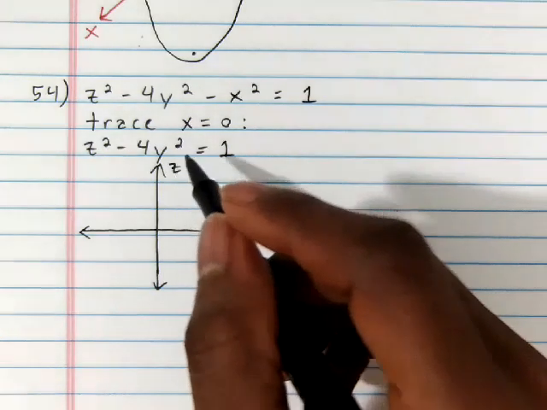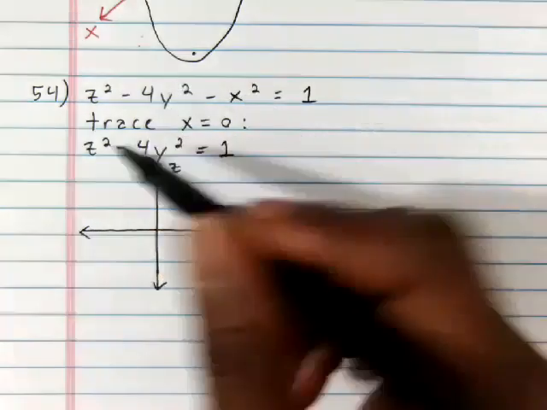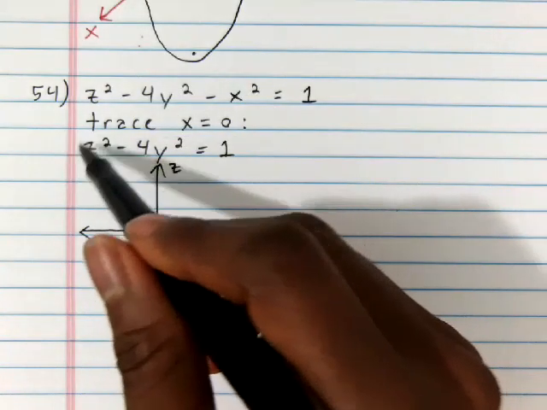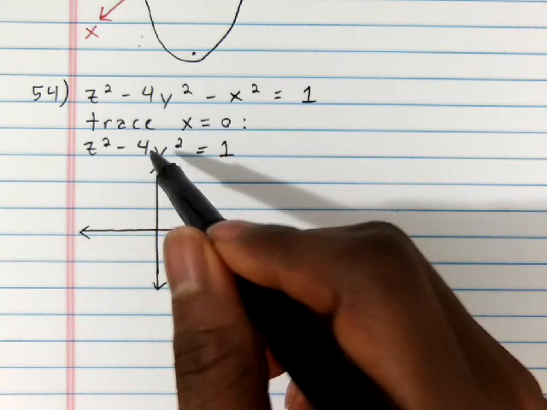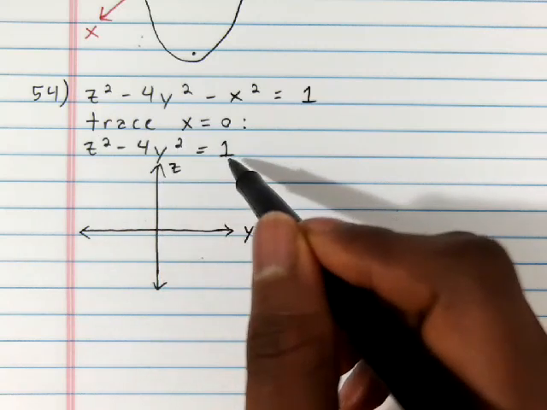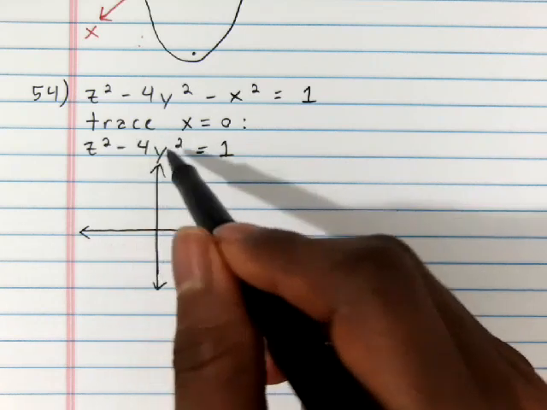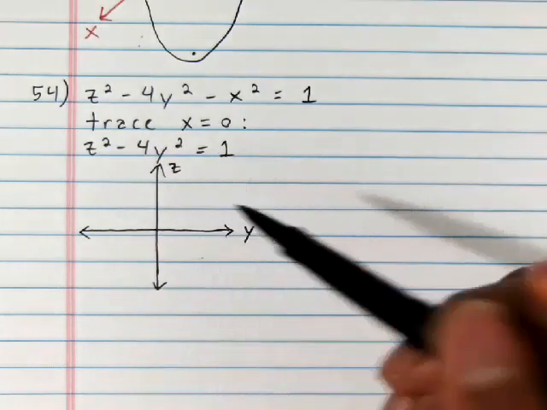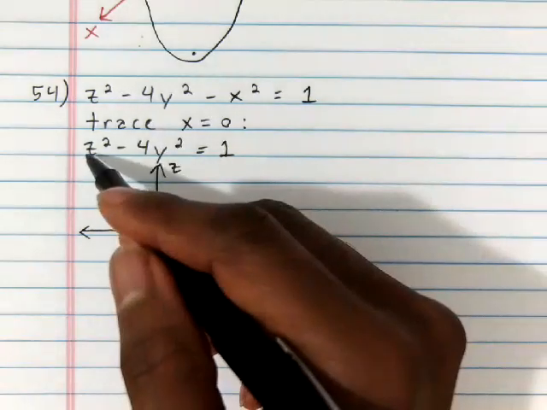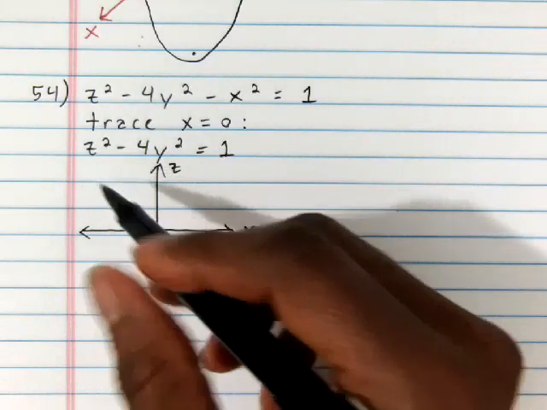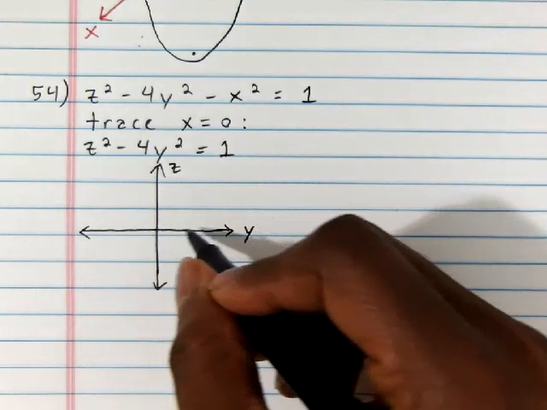So say for instance I did z equals 0, then I get negative 4y squared equals 1, which I know is impossible, because negative 4y squared is always negative and it equals a positive number. So now we know z is never going to be 0. I can't have anything on my y-axis.